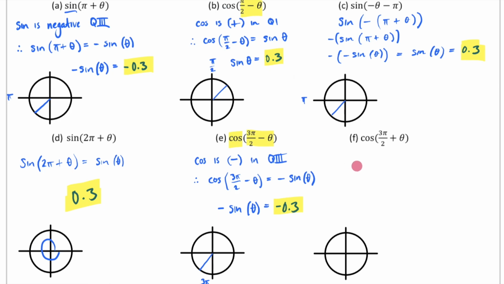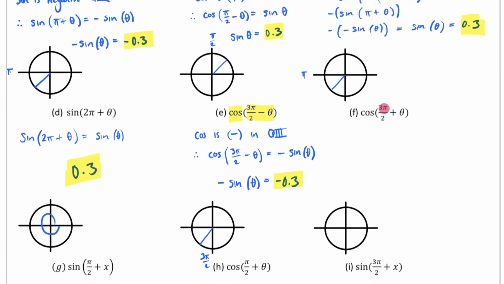Let's now answer the next question, which is cos of 3 pi over 2 plus theta. Again, because I have this 3 pi over 2, I know that I'm going to be changing this cos to a sine, but let's first figure out which quadrant I'm looking in. 3 pi over 2 is here. I'm plussing theta, which is taking me here. So in my fourth quadrant, is cos positive or negative? Cos is positive in Q4.